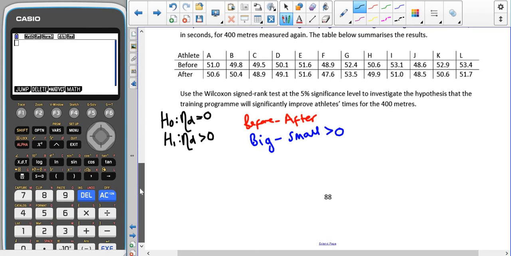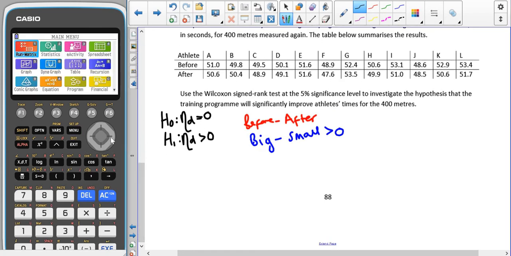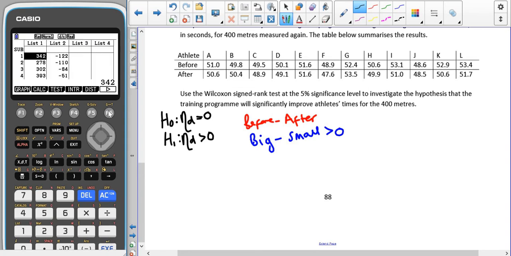Now we need to actually find those differences between the values. Remember that you can use your calculator to help you to do this. So if we go into the statistics function, delete anything that you've already got in there. Then we're going to type the before times into list 1.